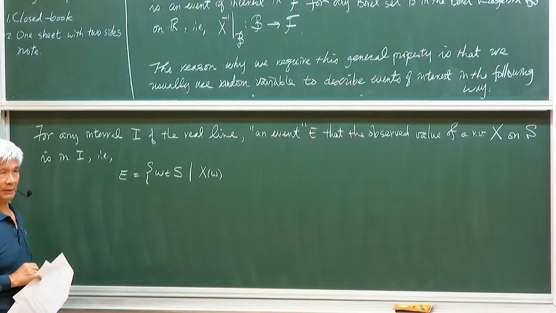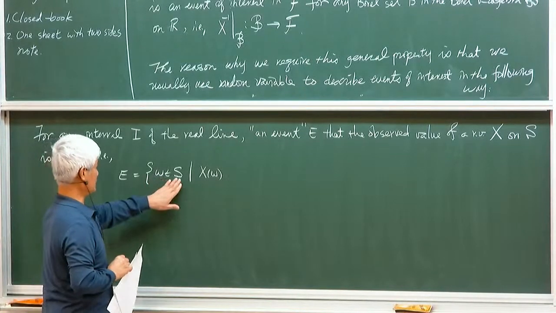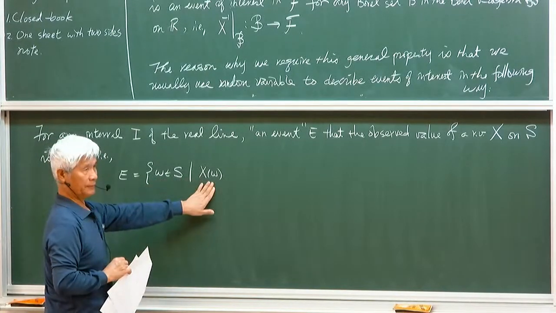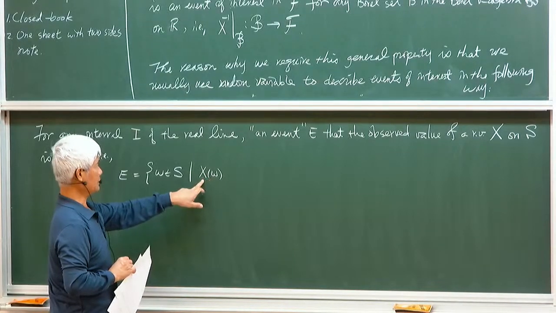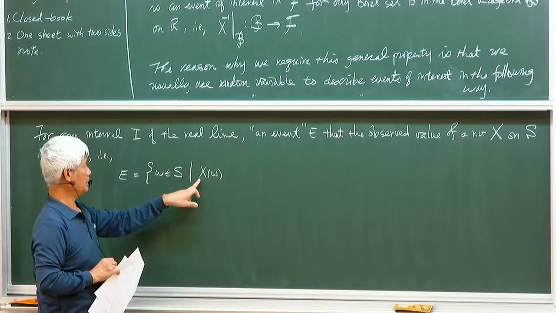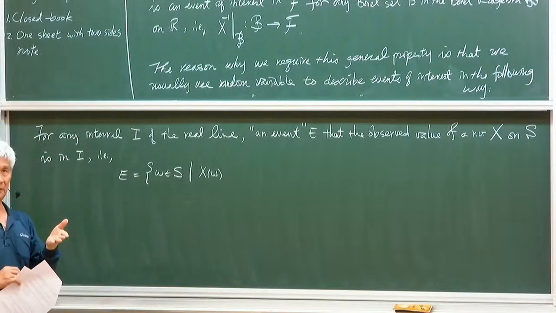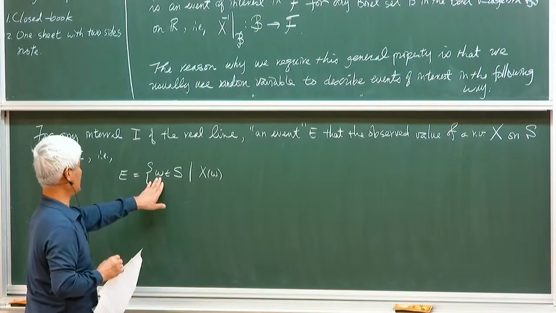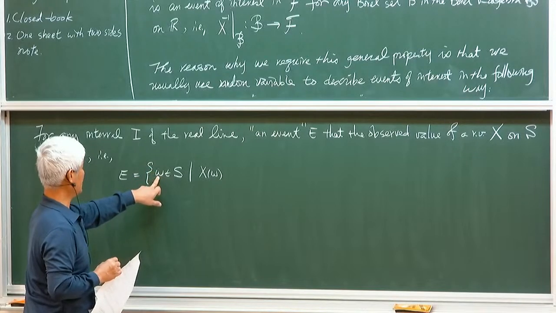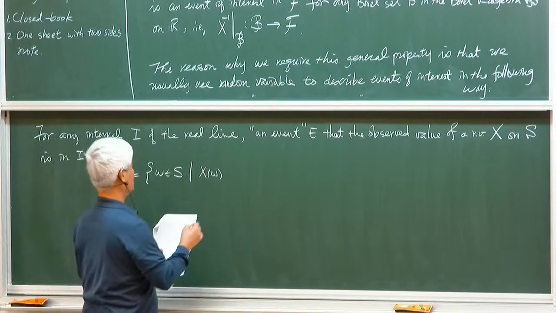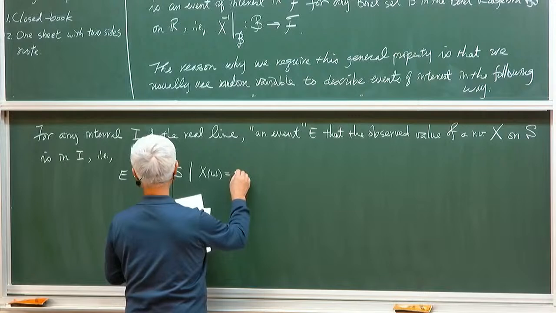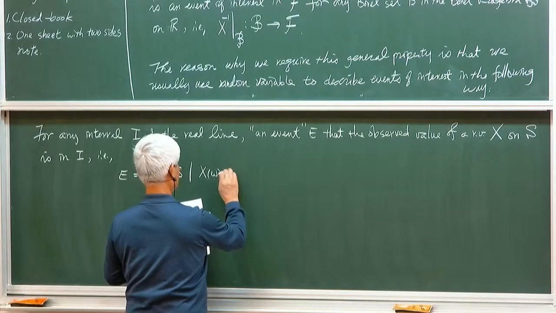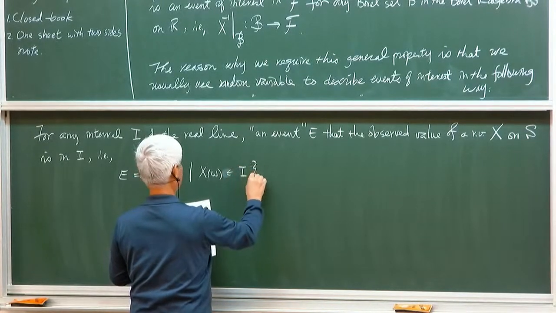it's a subset of the samples from the sample space, such that the observed value under the measurement, because we describe X as a function, can be regarded as a measurement on some characteristics of the outcome. So this is an outcome in the sample space, so that the observed value is in an interval.